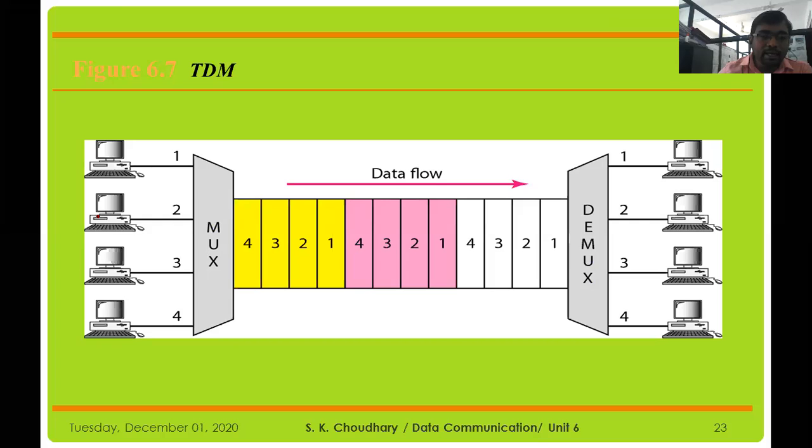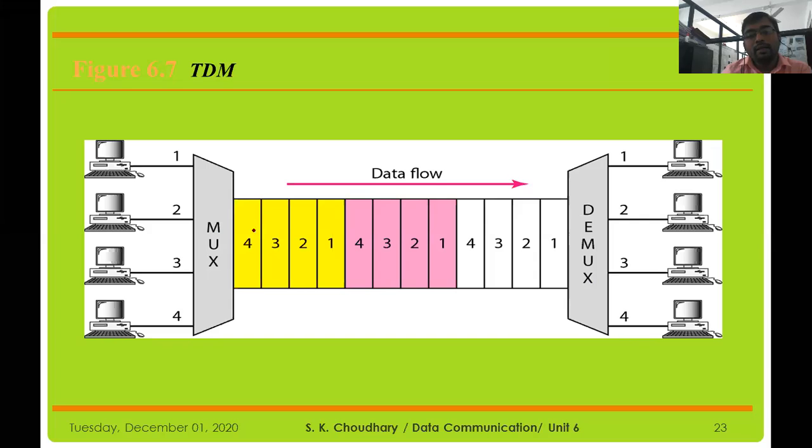In this case, you can see that 4 different sources are taken for the transmission of data, multiplexed into one single stream of data, and flowed through a single link with higher bandwidth.